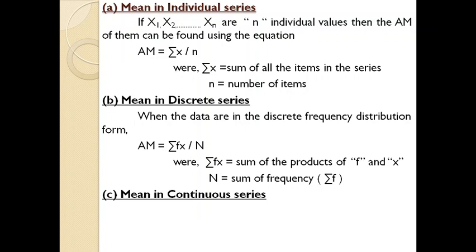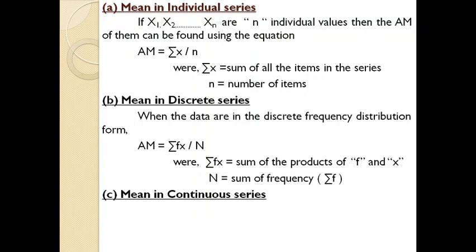So we will assume a representative value of the class given. Therefore, an assumption is made to make them precise, on the assumption that the frequency of the class interval is concentrated at the center, that the midpoint of each class interval has to be found out. That is why we will be taking the mid value of each class.